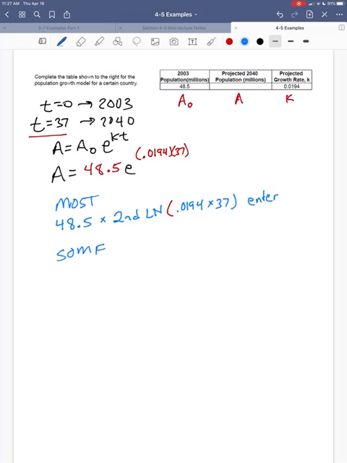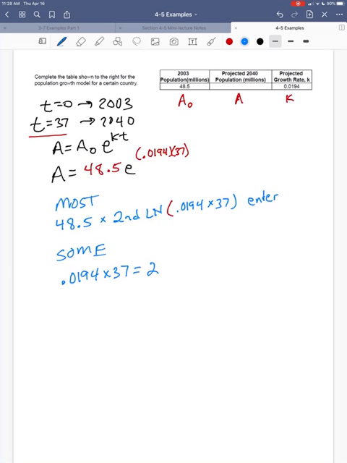Some calculators, we have to put in the exponent before I do the e to the x button. If you have a calculator like that, you're going to start with the exponent, 0.0194 times 37, and then you'll hit equals. That forces the calculator to figure out that exponent.